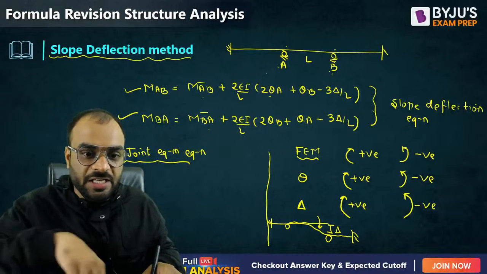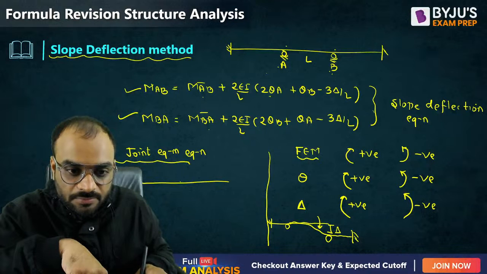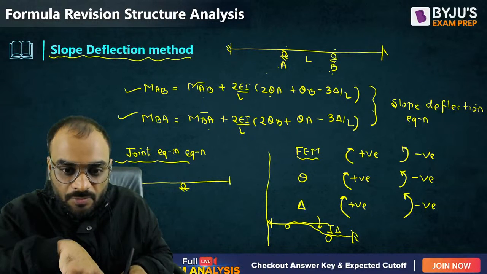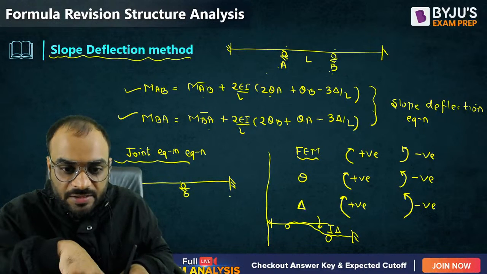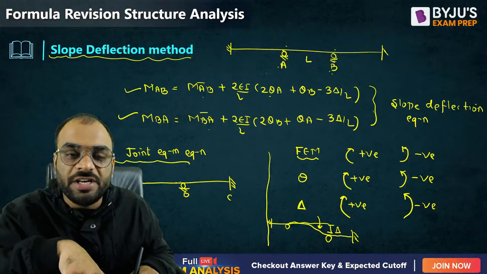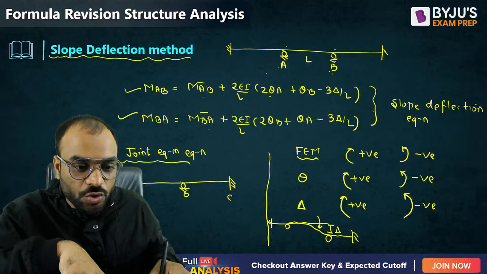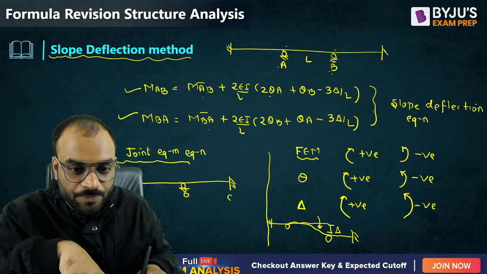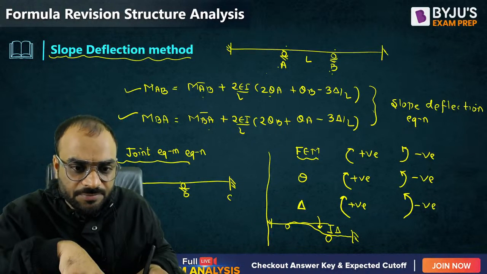Next one is joint equilibrium equation. Let us suppose this is our structure, and this is one of the ends, this is another end. Let us consider this is A, this is B and this is C. I need to write down the joint equilibrium equation at joint B. तो यार what you have to do, you have to apply the moment in the clockwise direction exactly in the member.